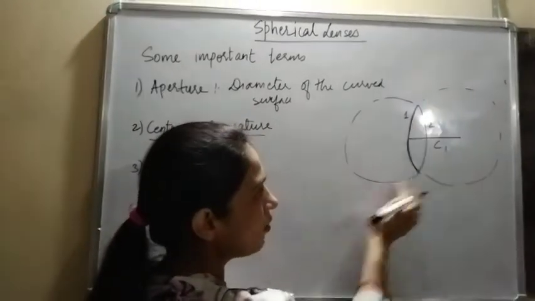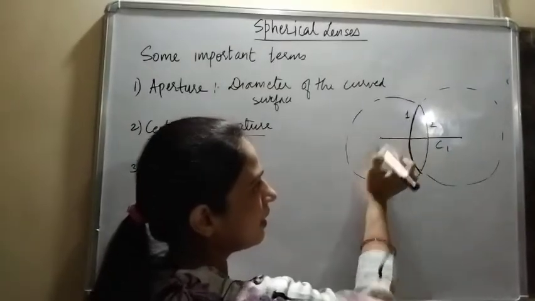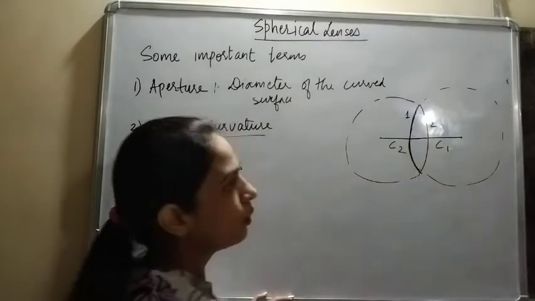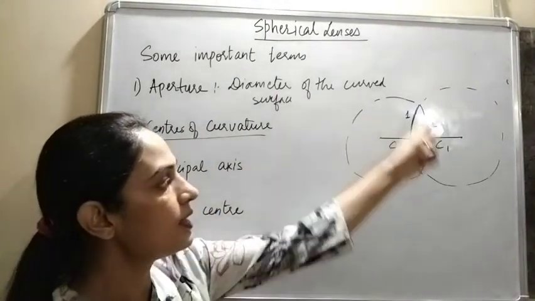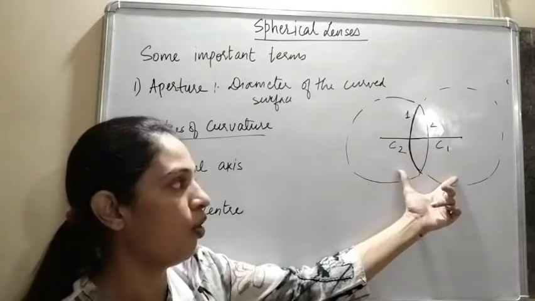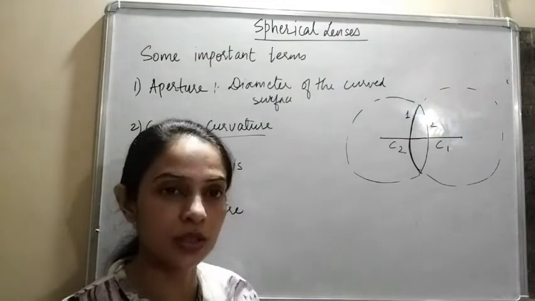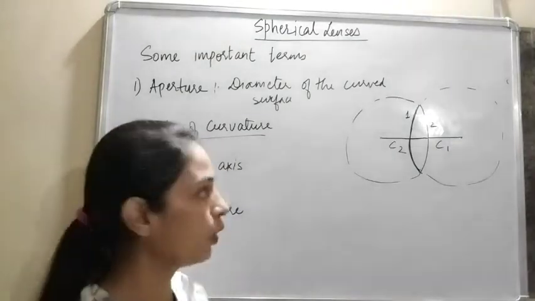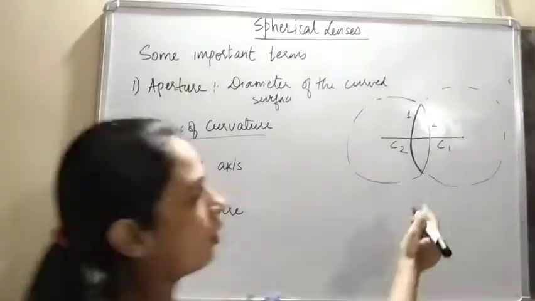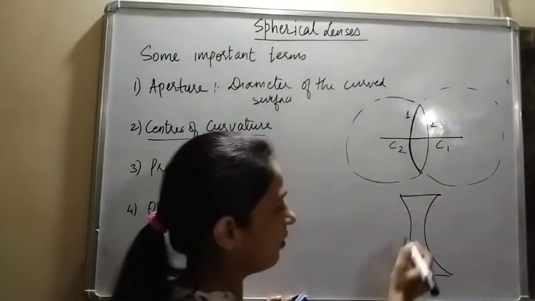And this surface is a part of this sphere, so its radius is here, and this is C2. So the centers of curvature of a lens are the centers of the two spheres of which the lens is a part.